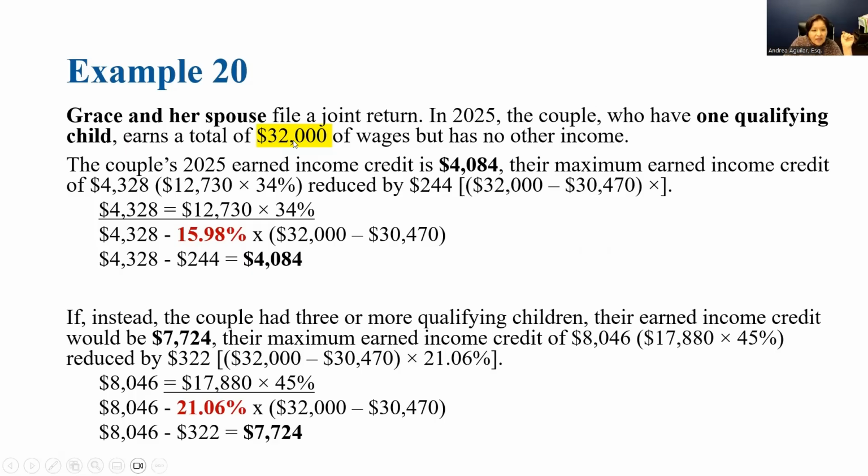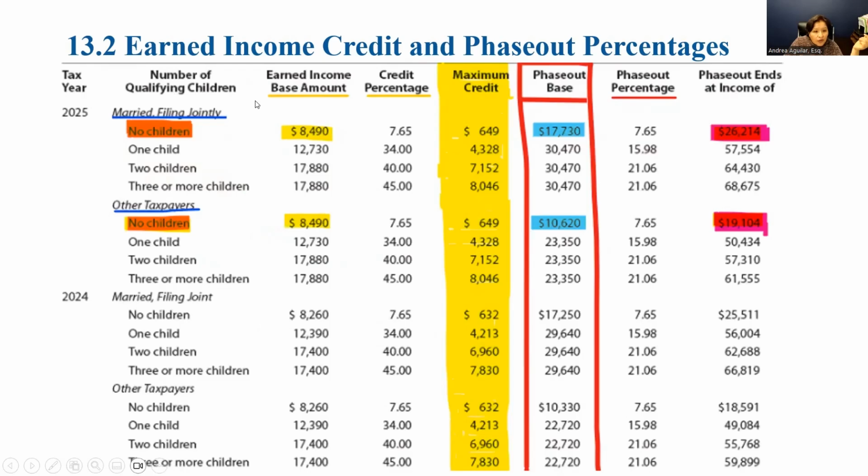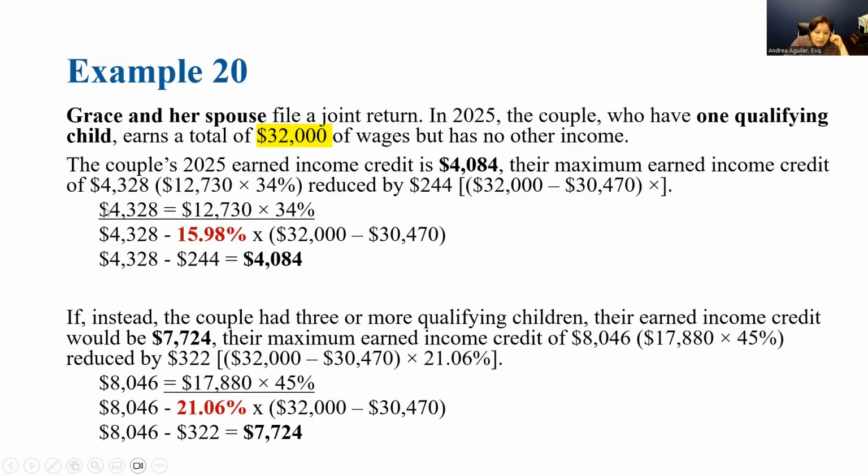But here, let's go and see the table. So a couple, we are here with one qualifying child, they have $32,000 of earned income. So they have exceeded the phase out base. Okay, perfect. We know that, so we are going to have to reduce our maximum earned income credit by whatever amount we calculate here.